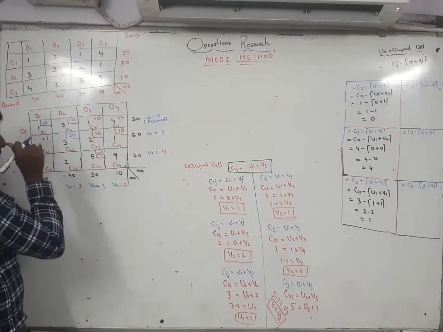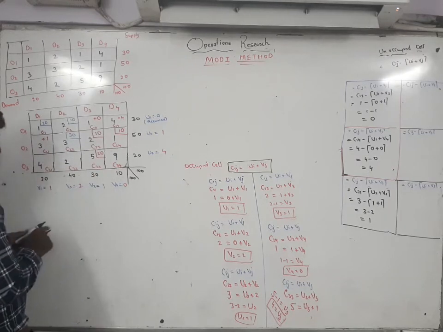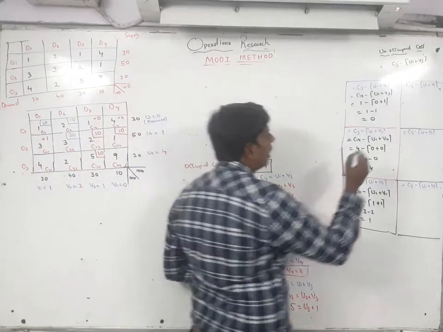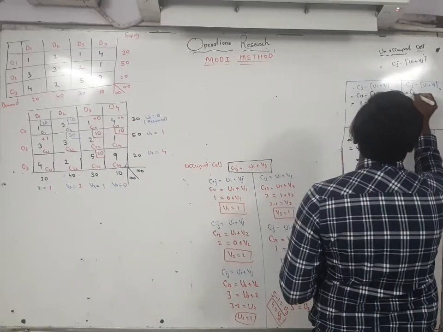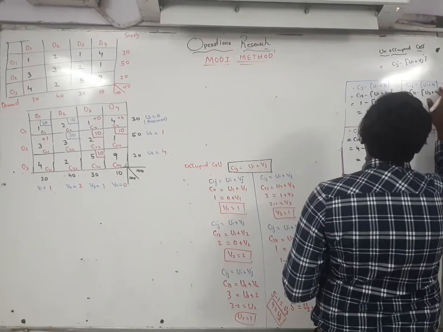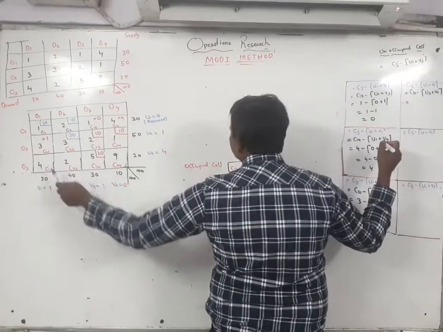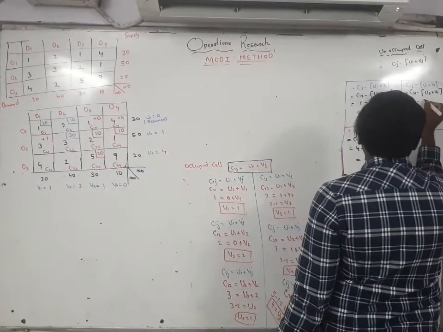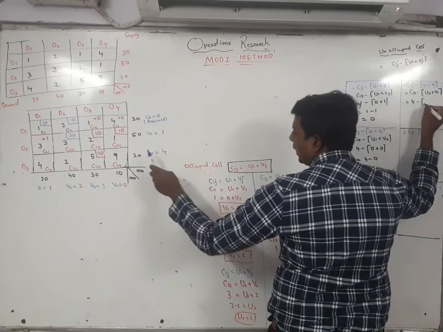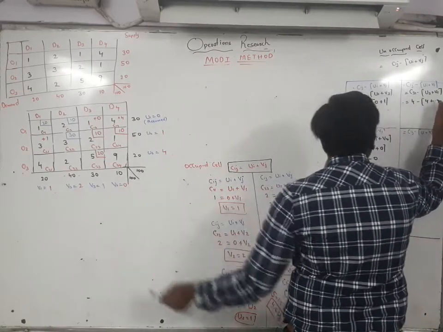Next unoccupied, 3 1. So I will write here 3 1, that is U3 V1. See 3 1, how much value is there? 4. 4 minus U3 value 4, V1 value 1.